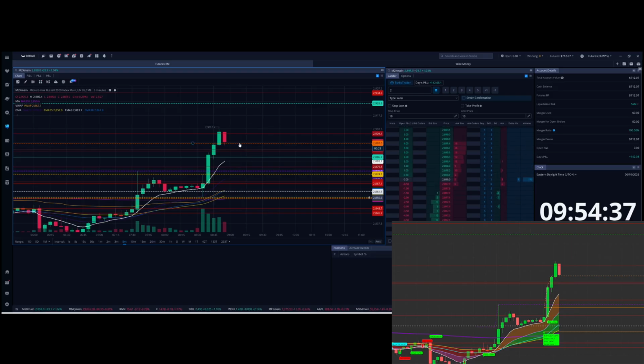But I don't want to get in thinking I was going to go down to the 9 and get caught. So I'm waiting for confirmation of the direction I want to go in before I get in.